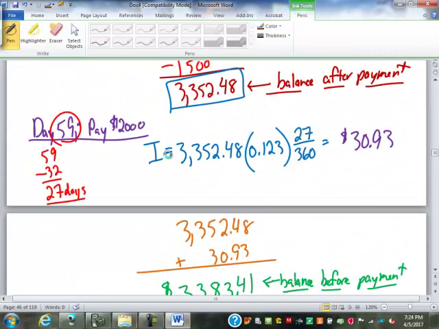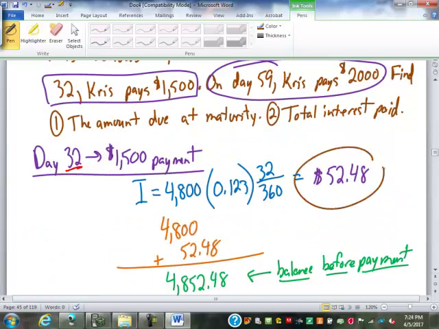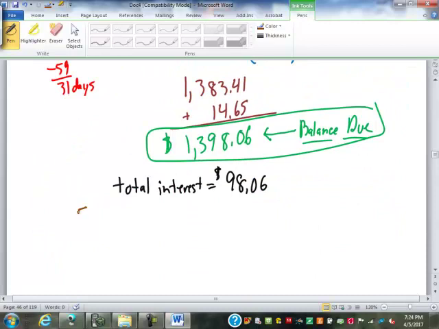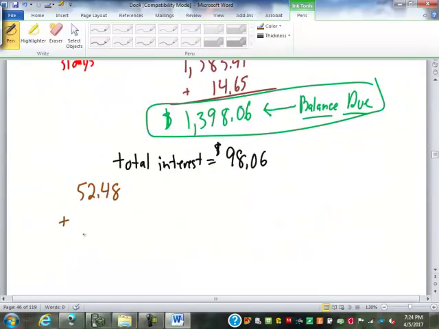We've got the first interest of $52.48, the second interest of $30.93, and then the last interest of $14.65. That's $98.06. What do you think?